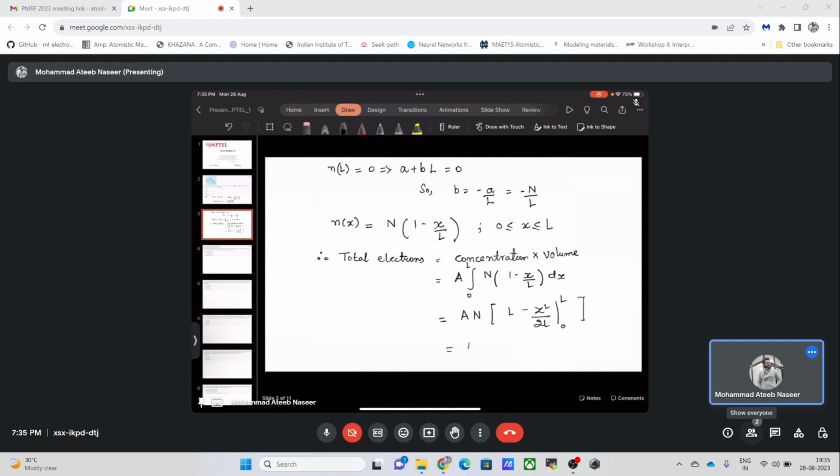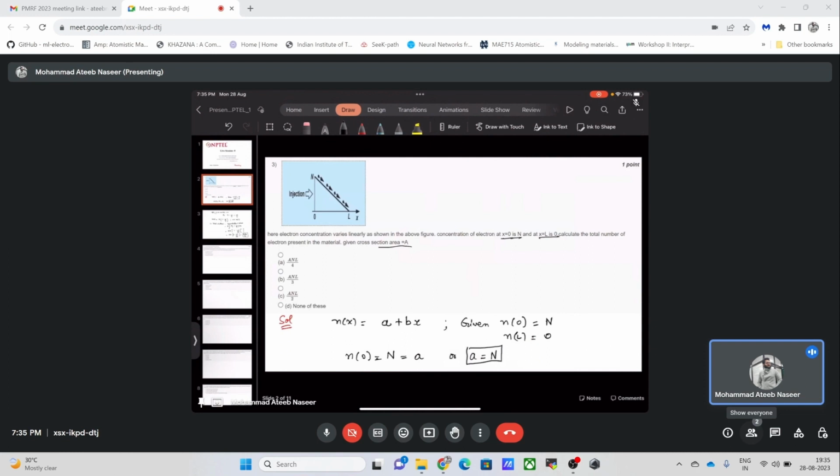So it is A n times L minus L squared by 2L. This L and this L will cancel, and we will be left with L minus L by 2. So it will be A n L by 2. So this is the total number of electrons that are present. Now let us check the options.